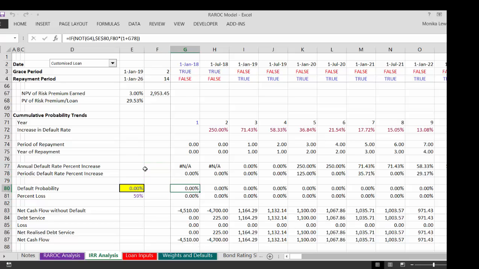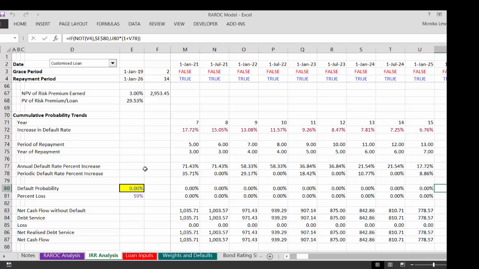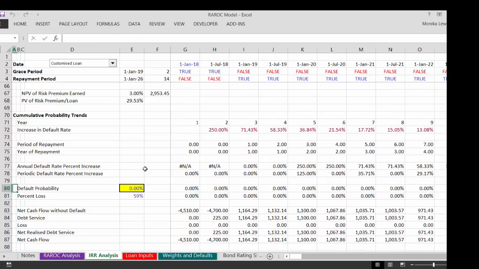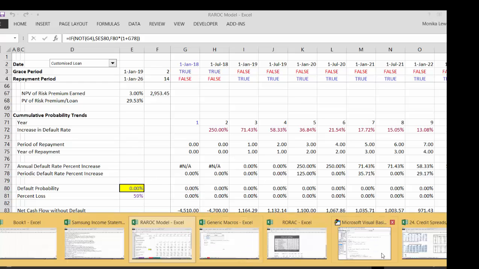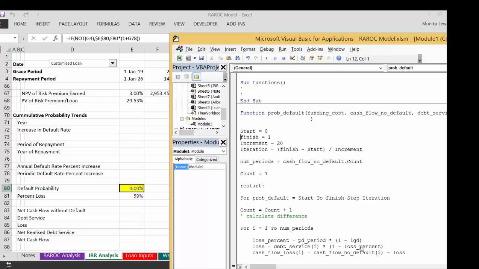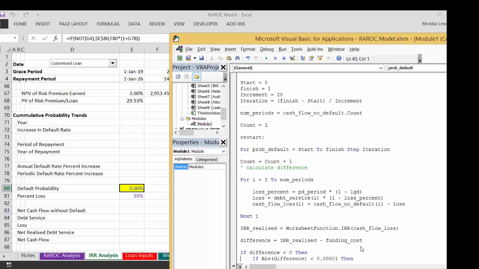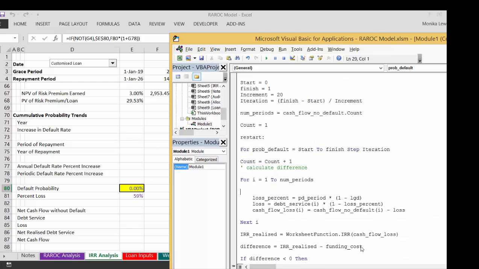Now we have to get the probability of default. The default probability is going to be the PD per period.